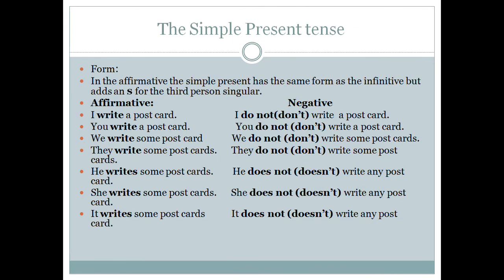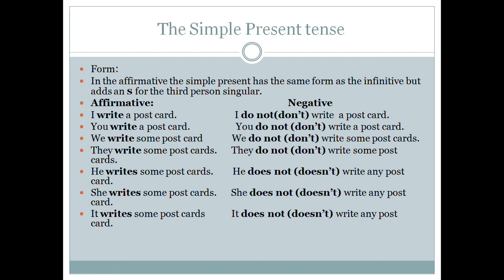Now we come to discuss the simple present tense. Form. In the affirmative, the simple present has the same form as the infinitive, but adds an s for the third person singular. Affirmative. I write a postcard. You write a postcard.